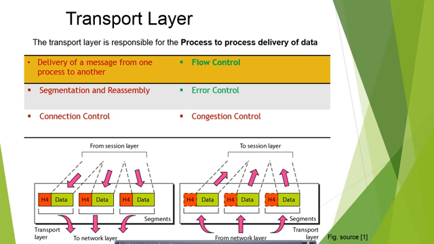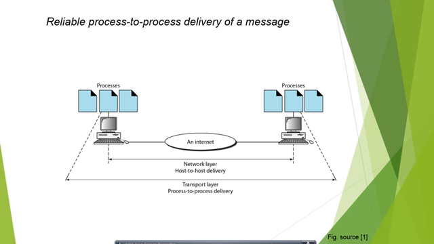Why are we calling the responsibility of the transport layer process to process delivery of the data? This can be better understood by this diagram. Here you can see two systems, both connected to the internet, and in each system there are three processes running.